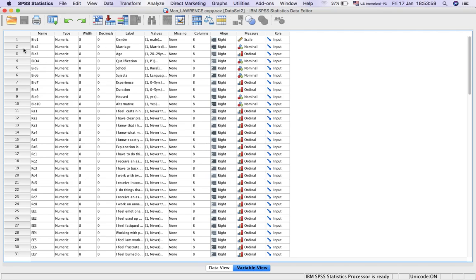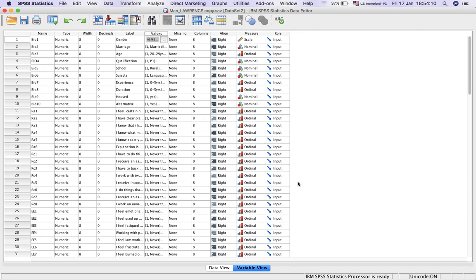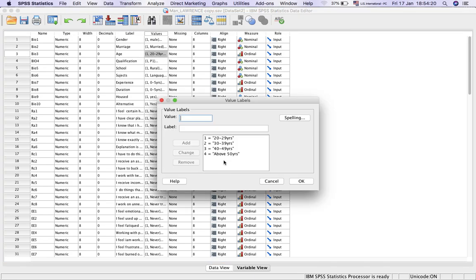Now we have marriage, so either you are married, single, or separated. We have gender, either male or female. These are nominal. Then we have age, which is ordinal.